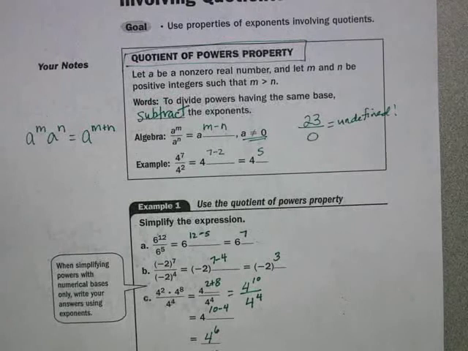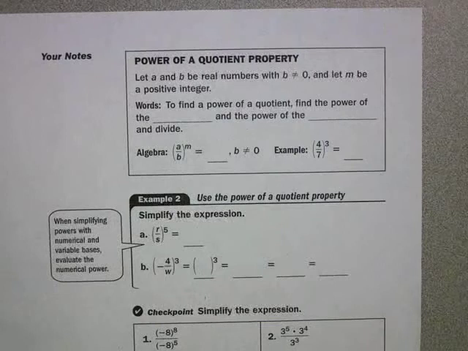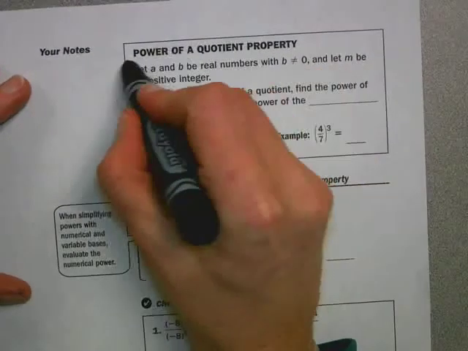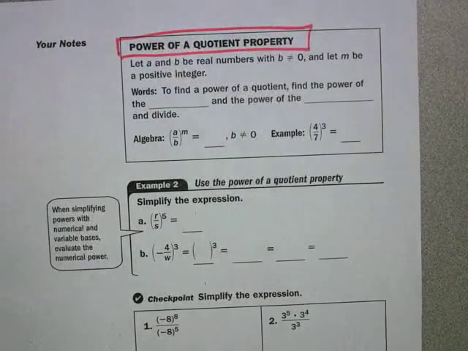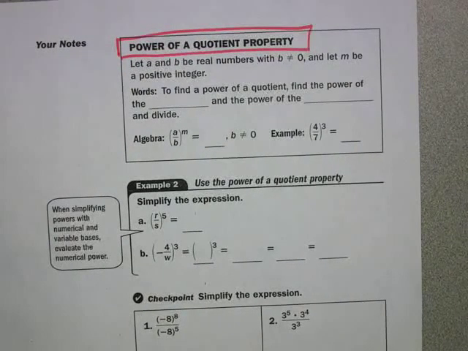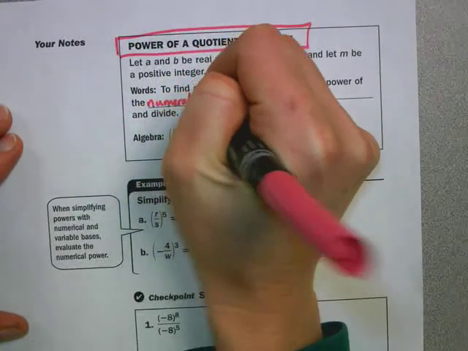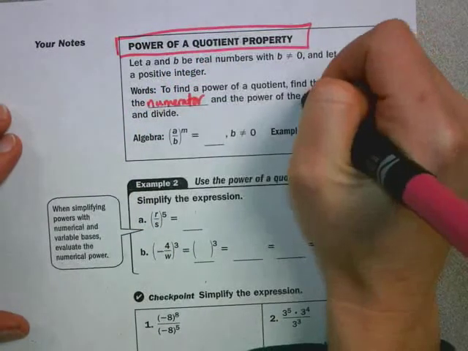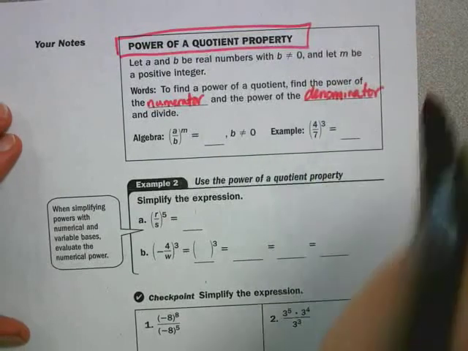So let me go to the next page here. The next one we're going to do is power of quotient property. Power of a quotient. Okay? All right, so to find a power of a quotient, find the power of the numerator and the power of the denominator, and then divide.